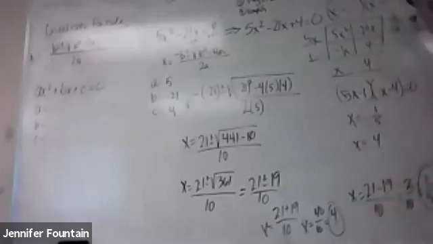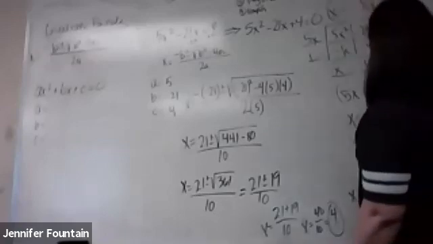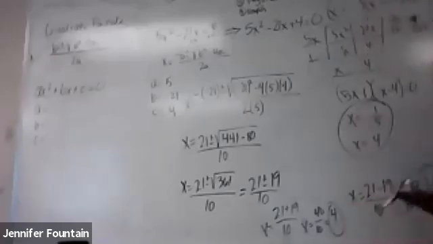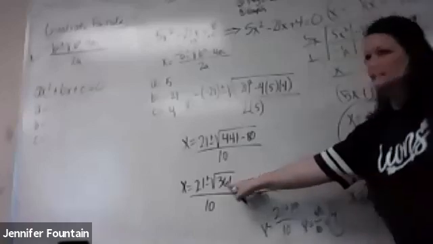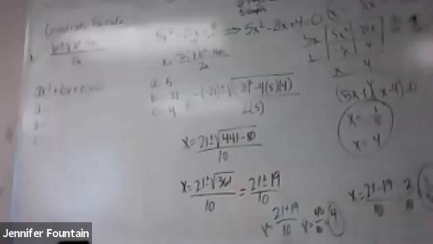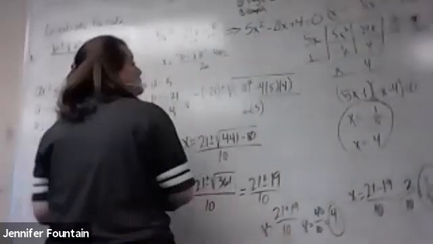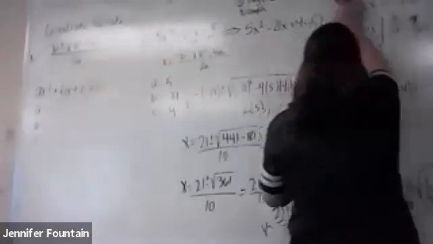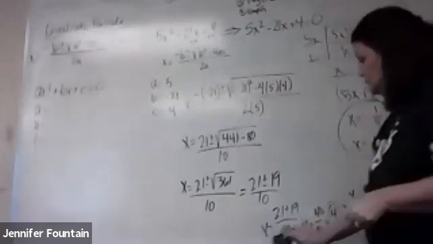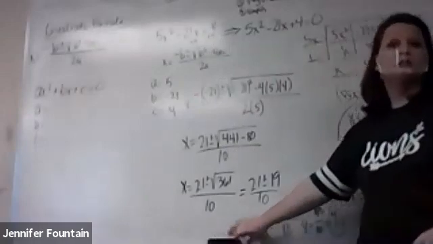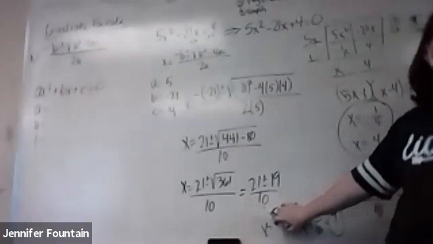Okay, so when we factored it, we ended up with X is 1/5 and 4, and we got the same when we used our quadratic equation. Can we do the box instead? When you're given a choice, now if it says solve using the quadratic equation, you have to use the quadratic equation.